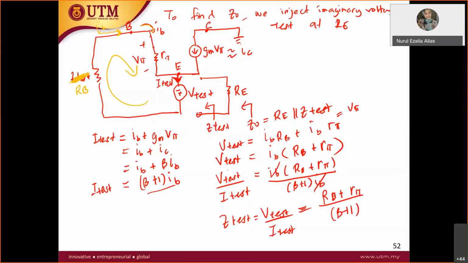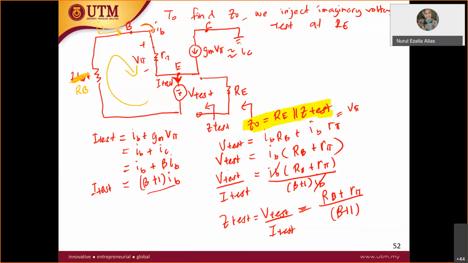Okay, so in this case, if the value is large, you cannot say it is approximately equal to the RC just now. So Z naught here, if you can see the Z naught here, equals RE parallel with Z test.